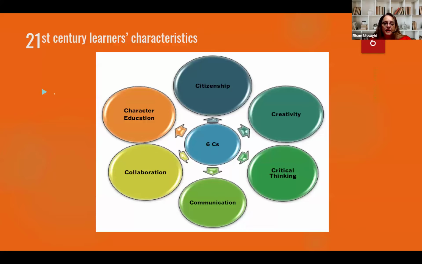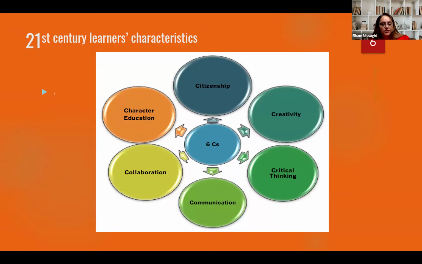And critical thinking. The teacher is not a person over there to answer all the questions. The teacher is a person that helps the students to find out. The teacher is a person that guides the students. And of course, the teacher does her or his best to help the students to learn better.